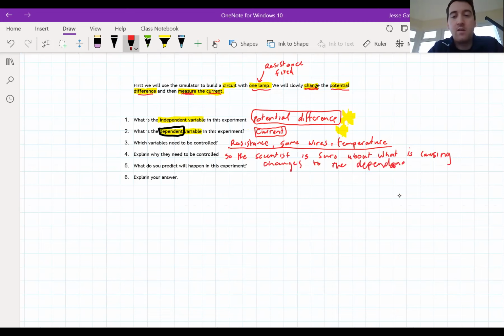Dependent variable. So the scientist needs to be sure about what is causing changes to the dependent variable.